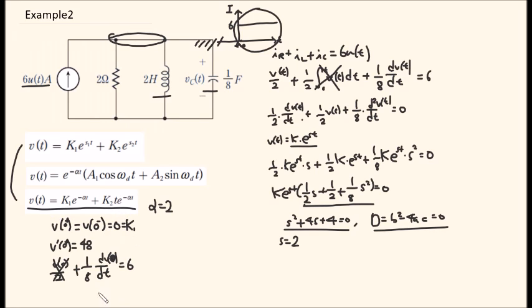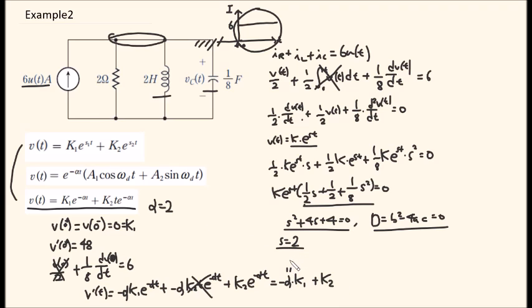If we differentiate this equation, we get this equation. And if we plug 0 into this equation, this part is erased, and we are left with minus alpha times k1 plus k2. And we know that this alpha, in our case, is equal to 2. And this, in our case, would equal 48. And since k1 is 0 in our case, k2 is 48. And the final answer is this.